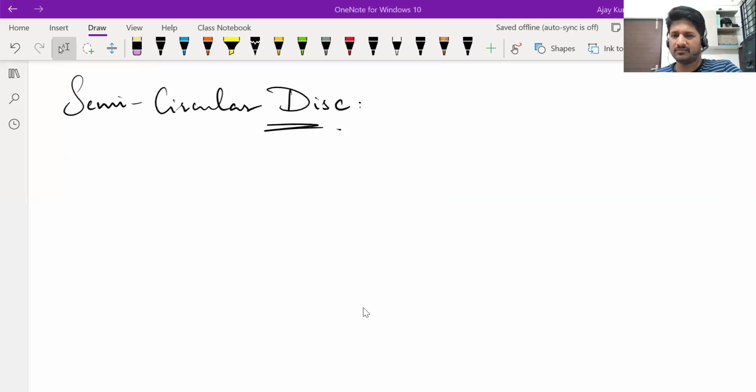Okay, see, there are three kinds of mass distributions: linear, areal, volumetric. Now you tell me what kind of mass distribution is a disk? Is mass spread over length? Is mass spread over an area? Or is mass spread over a volume in a disk?